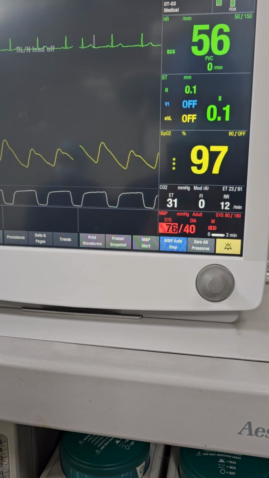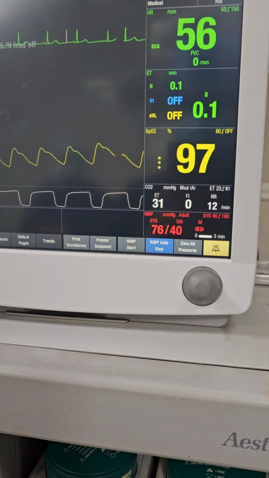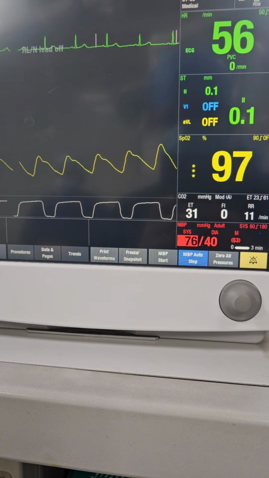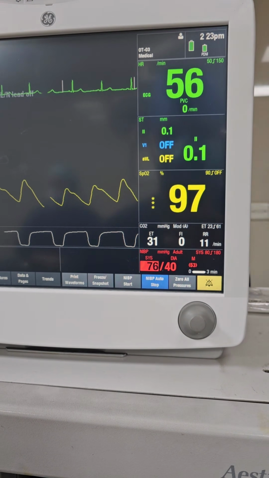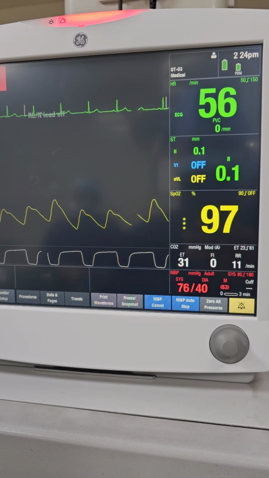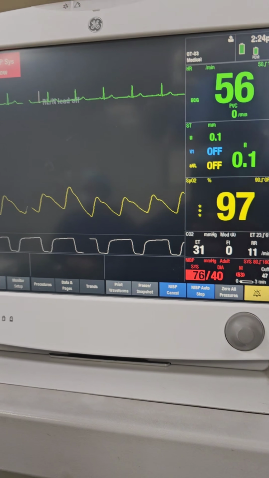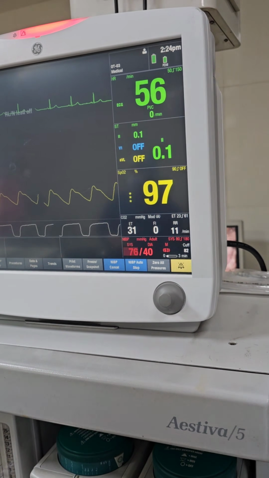The heart rate is reduced to 56, but this is not a big concern for us, because if the perfusion is reduced for a longer period of time, it may be a problem for the patient, or if the patient is compromised in any organ system, this may be problematic.